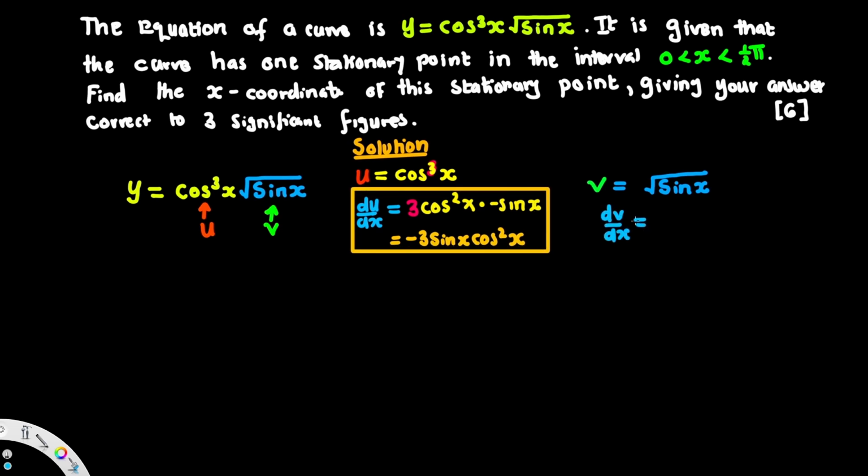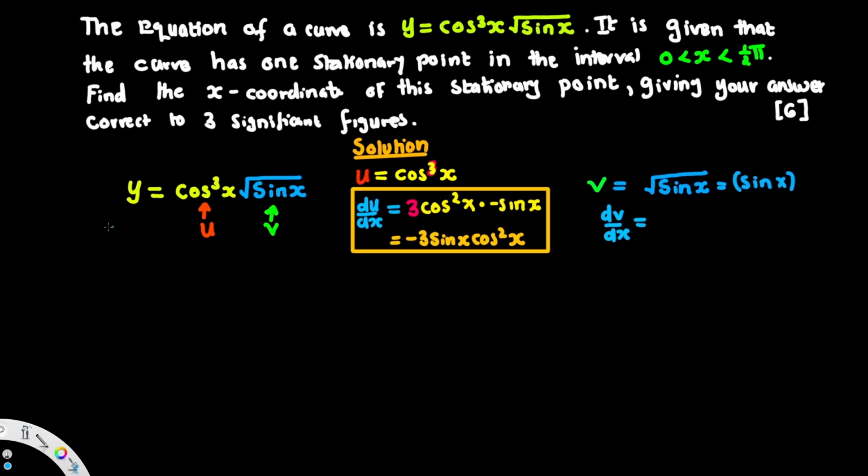Moving to dv dx, also we're going to use chain rule. We can write v equals root sin x in the form of power a half.